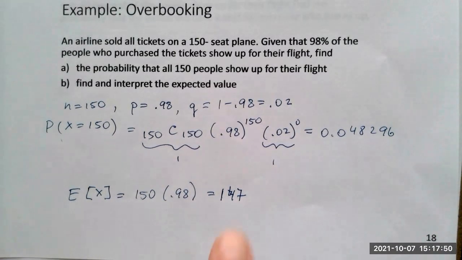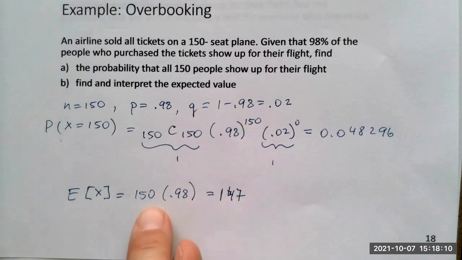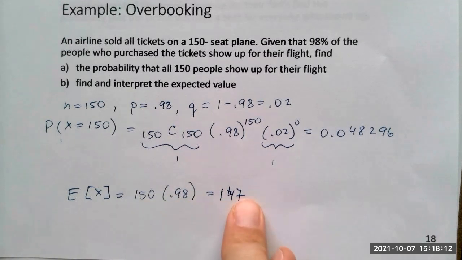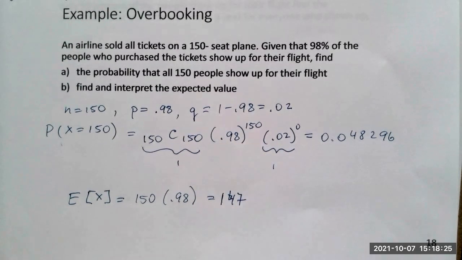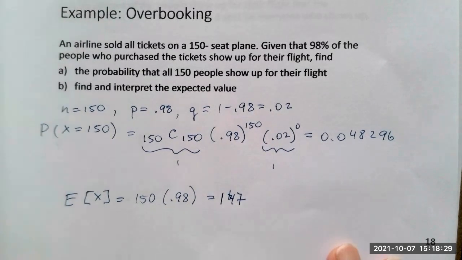That value represents the number of people that we expect to show up for the plane. We sell 150 tickets, then we expect 147 people show up. All right. And that is exactly why usually the companies sell more tickets than they have seats.